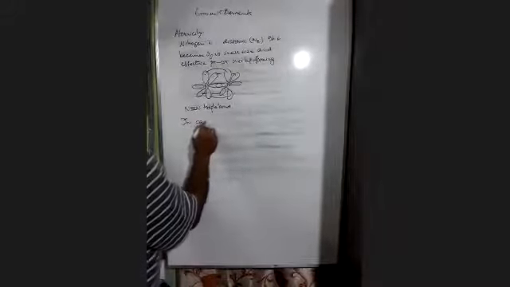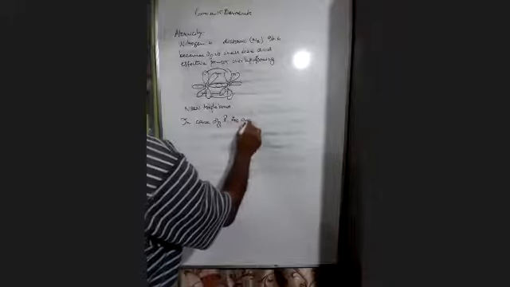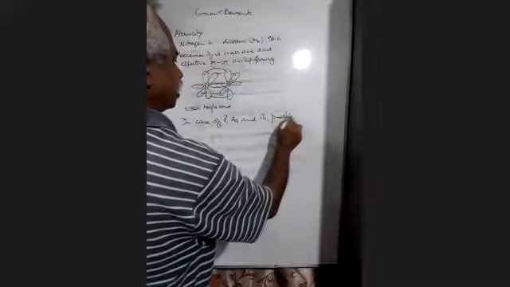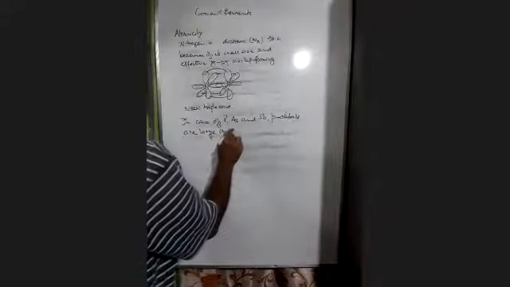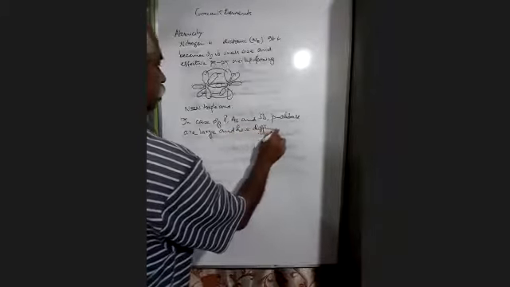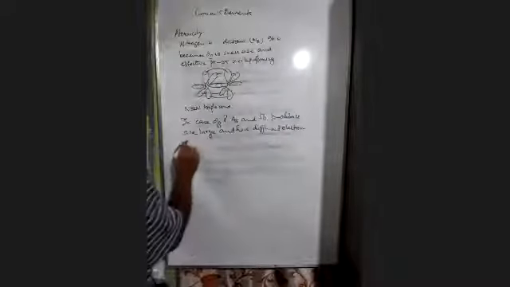So right, I write now here. In case of phosphorus, arsenic, and antimony, p orbitals are large and have diffused electron cloud.